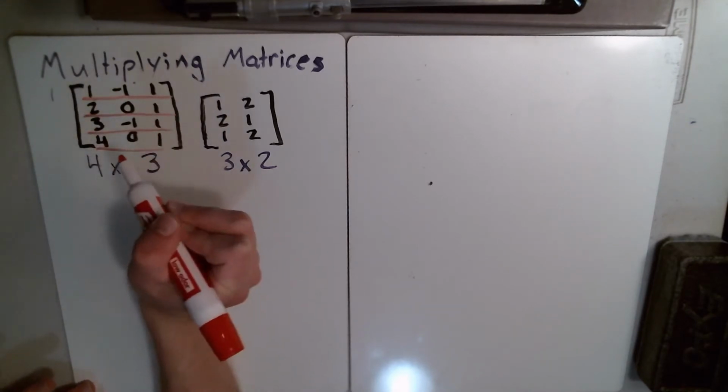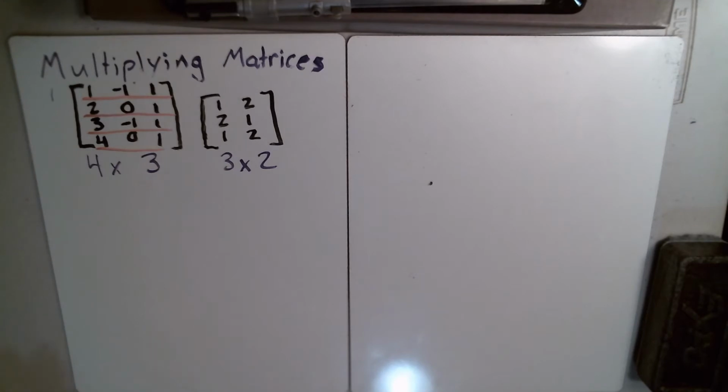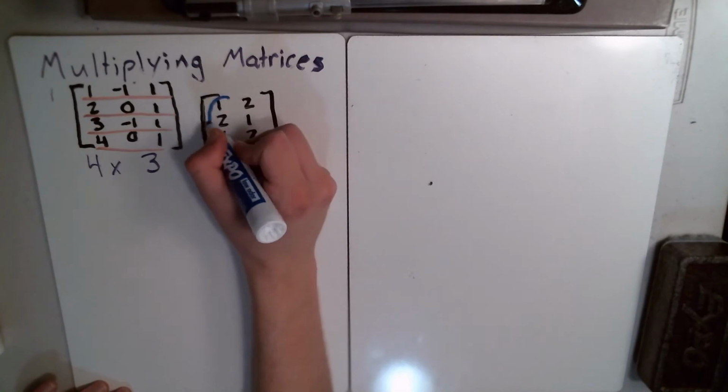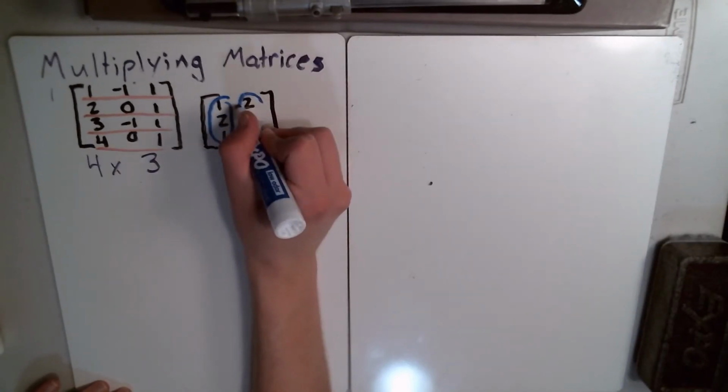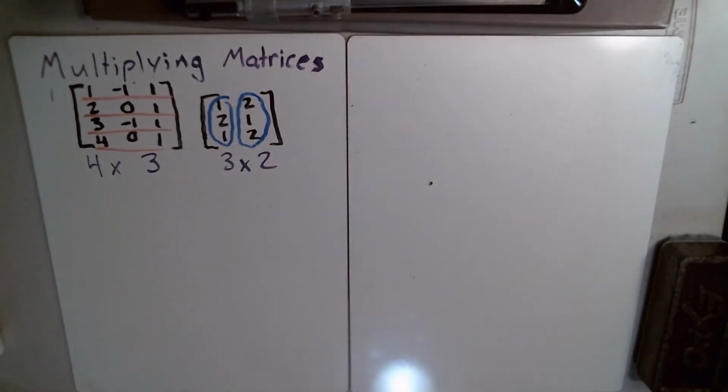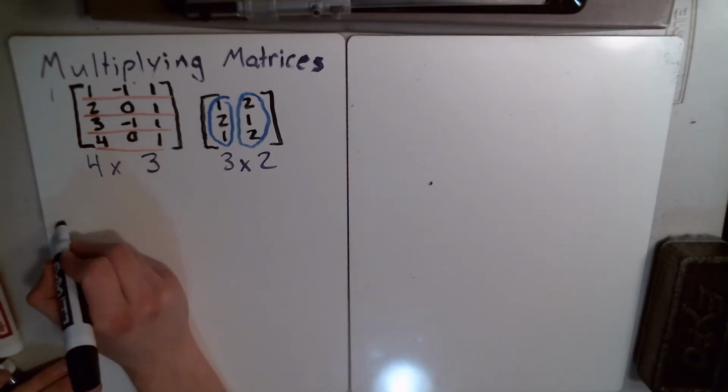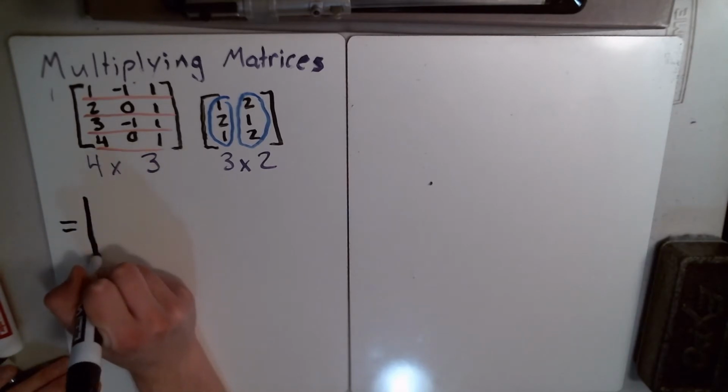We're going to take our rows and times them by the columns, or the columns, as my professor used to say, the columns of the right matrix. And then we just add the entries together. So what we do, the product of these two matrices.